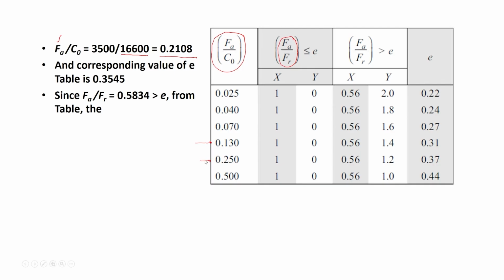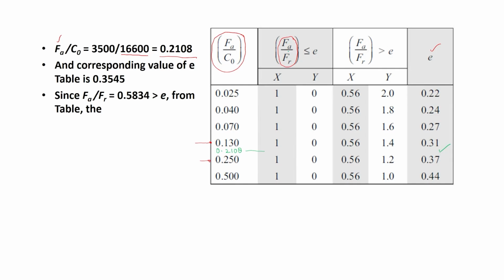And so, to get a value of e, we will make interpolation and we will get the e corresponding to our value of Fa upon C0, 0.2108.